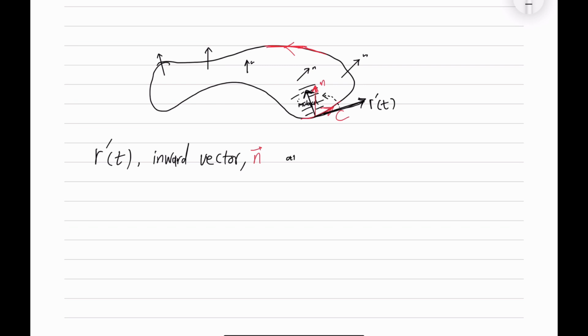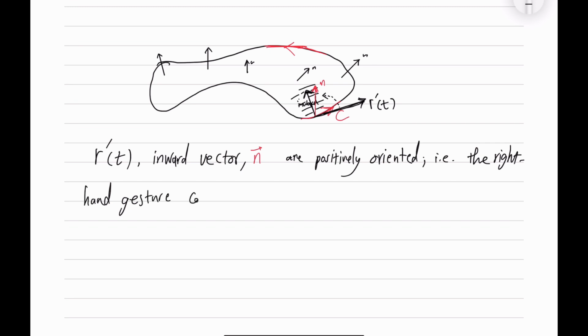So these are positively oriented. And for that, if we use the language of calculus 3, that means the right hand gesture holds, compatible with the right hand gesture.